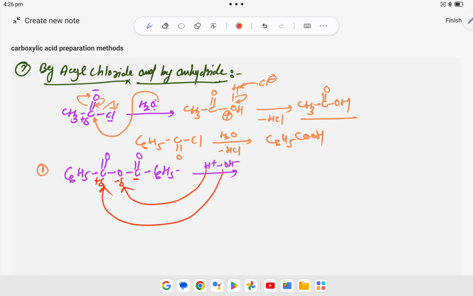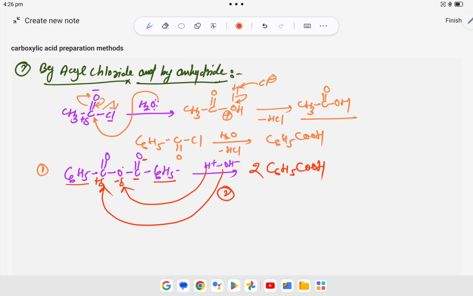Write the species: C6H5CO and OH. So C6H5COOH. What is the remaining? C6H5CO and this O and one H. So 2 units of benzoic acid formed.